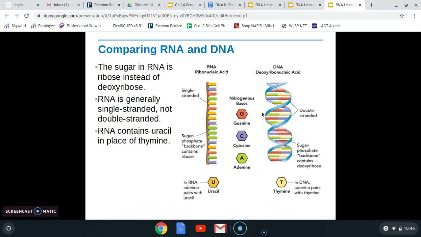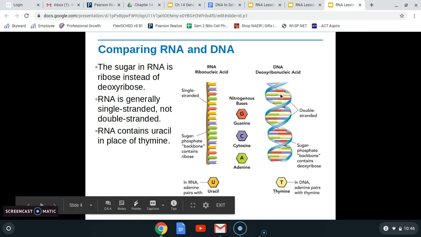That last change comes in this base called uracil. Notice that the 3 nitrogenous bases, guanine, cytosine, and adenine, still exist, but you only find thymine in DNA. In RNA, you have uracil. That still pairs up with adenine.